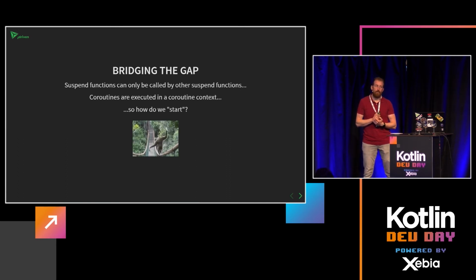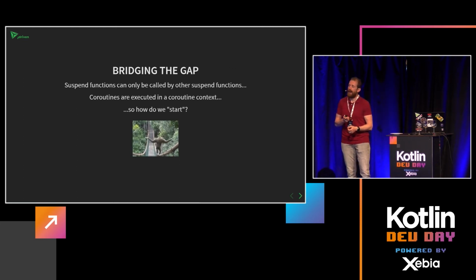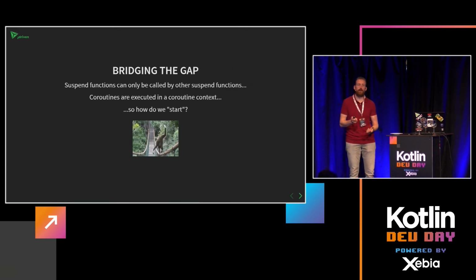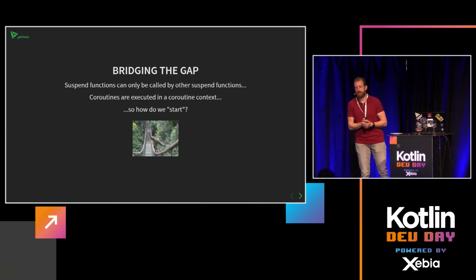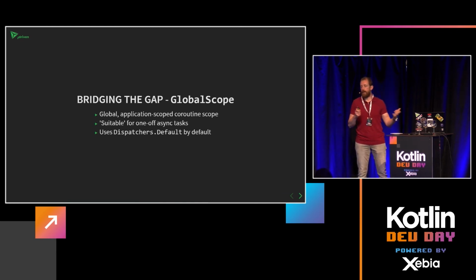So far, we know that suspending functions can call other suspending functions, and all coroutines are executed within the coroutine context. So how do we get there? How do we start? Well, there are a number of ways. I'll start with the worst one. There's a thing called GlobalScope, which is a global, application-scoped coroutine scope.